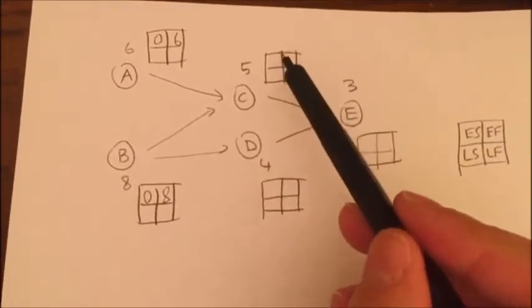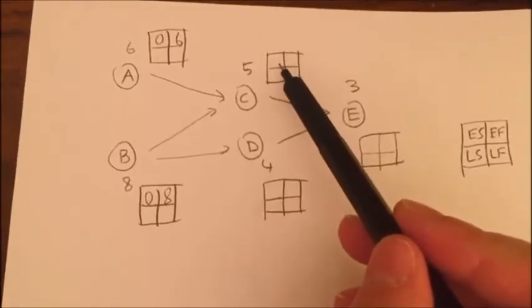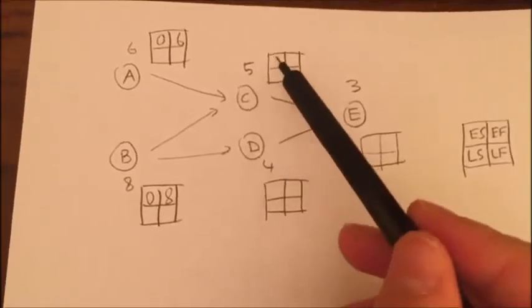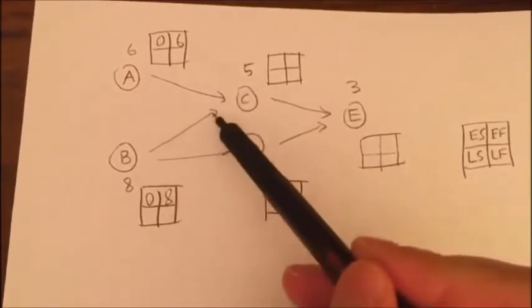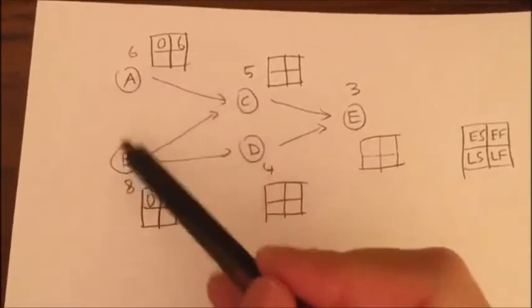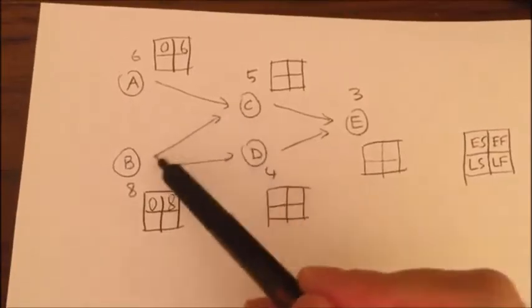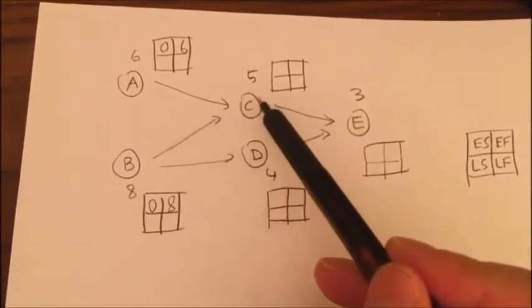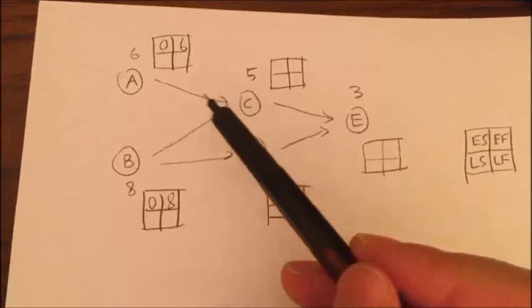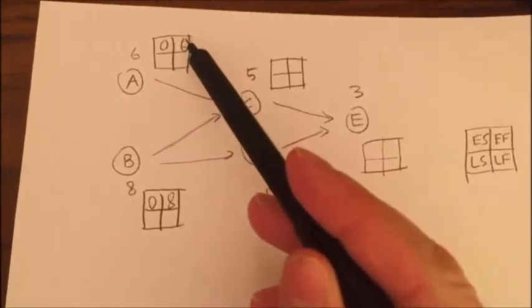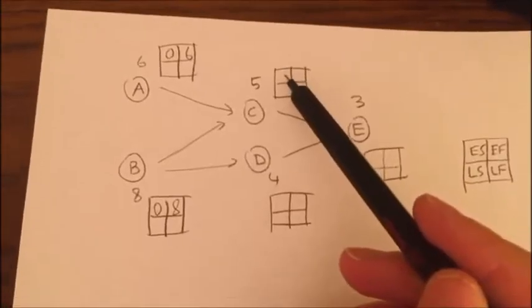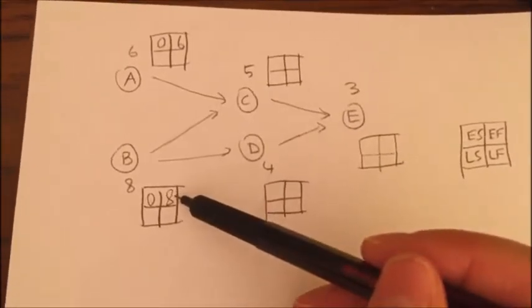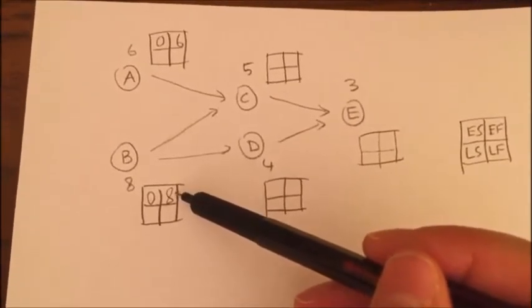Now I need to look at activity C. When can I start C the earliest? I see that C has what we call two predecessors, so two tasks have to be completed. The arrows represent that before C can start. Finishing A is not sufficient for C to be started; B needs to be completed as well.